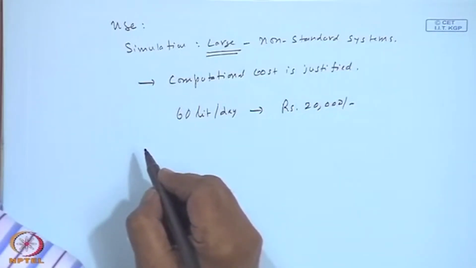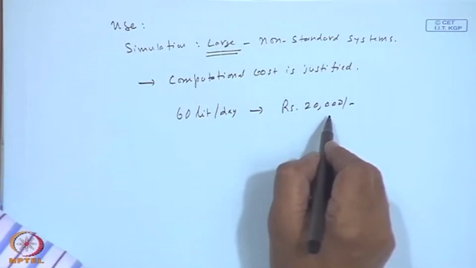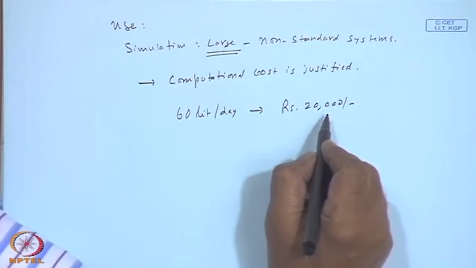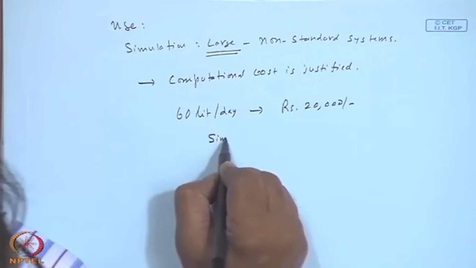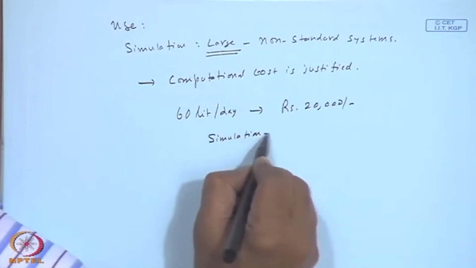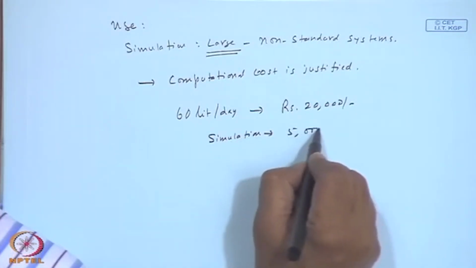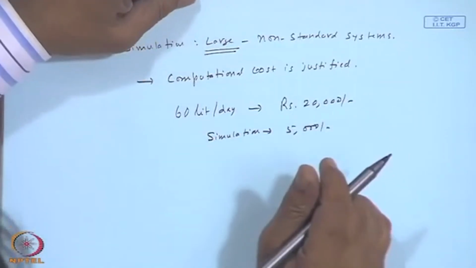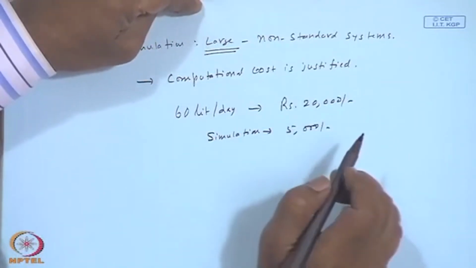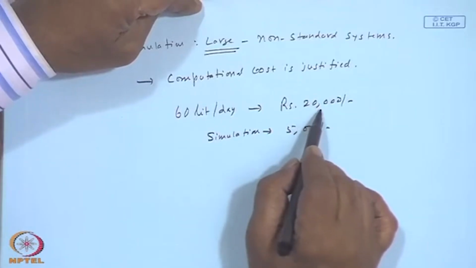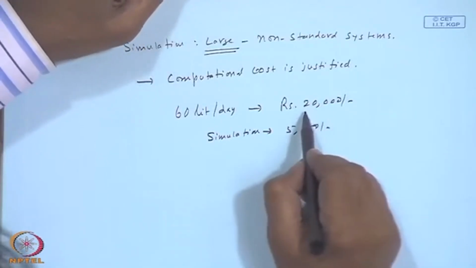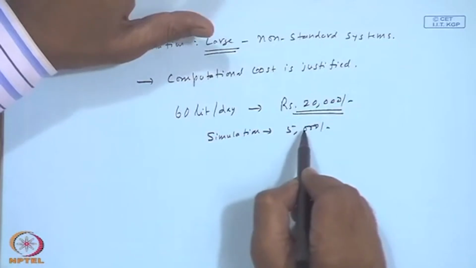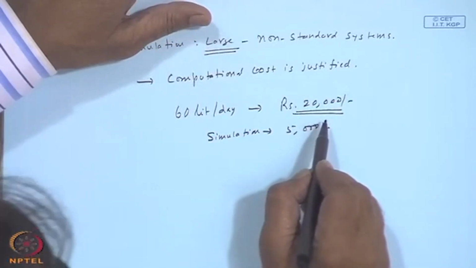Now, if you want to simulate, including the computer time and the money that you pay to the expert or the skilled person, the simulation may cost, let us say, a very modest figure of 5,000. And this 5,000 compared to 20,000 is 25%. If this 20,000 is economically viable, 25,000 may not be economically viable.